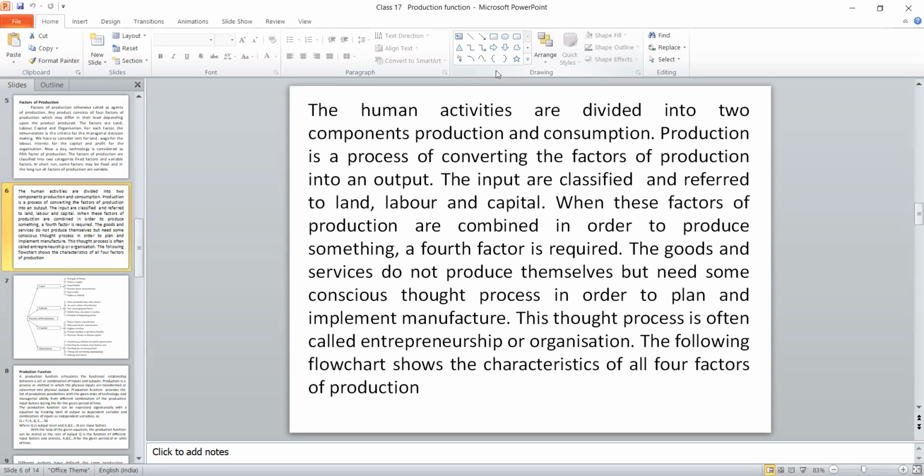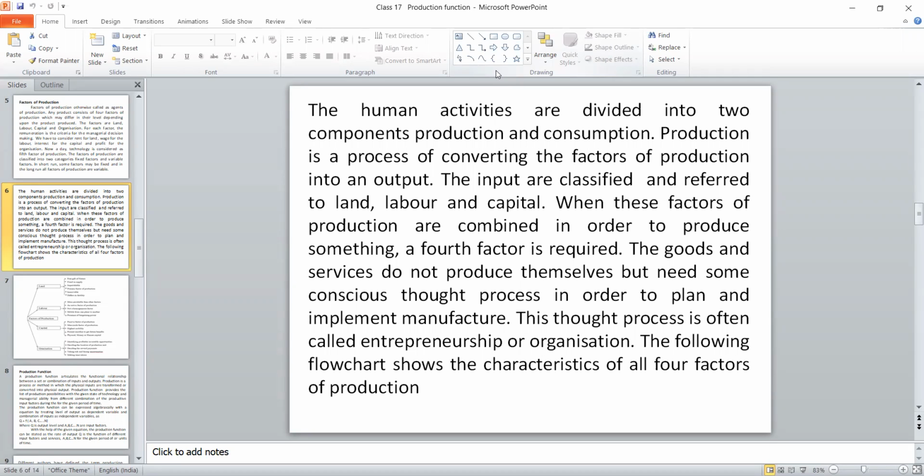But when we combine them in different levels and produce one particular product, for administrating these three, the fourth factor, organization, will come in. Goods and services do not produce themselves, but need a more conscious process in order to plan and implement the manufacturing. Suppose I want a chair. What do I have to do?